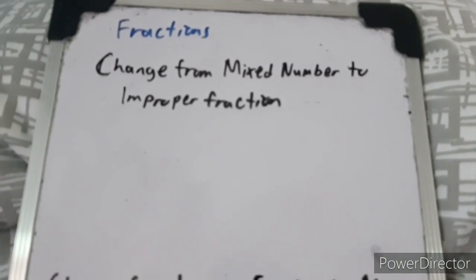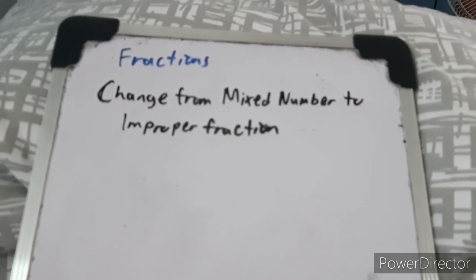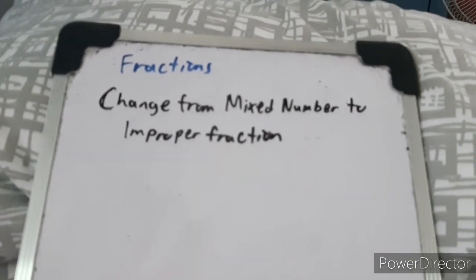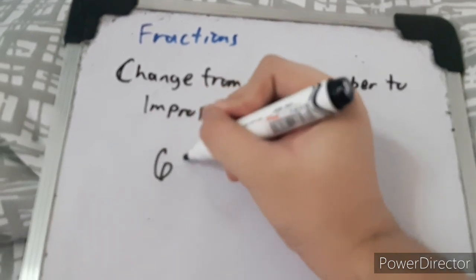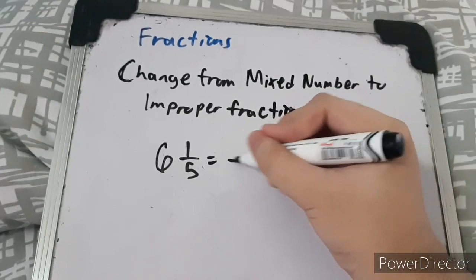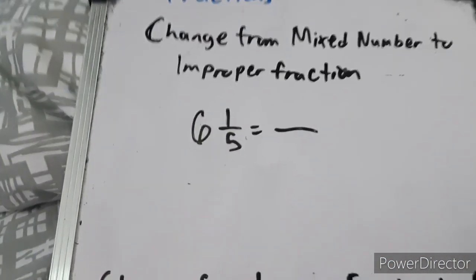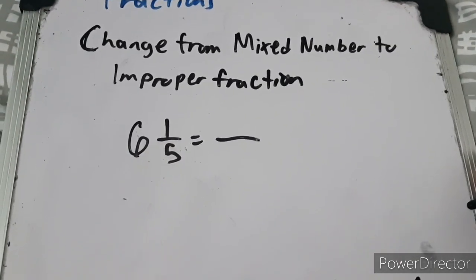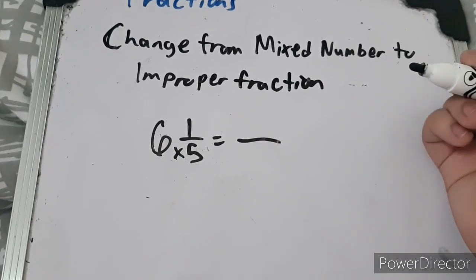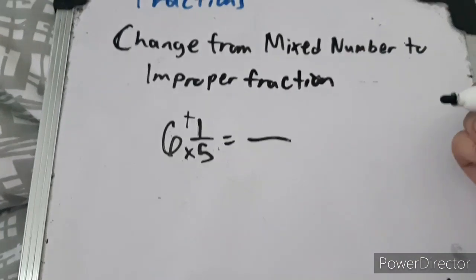So, ito po yung gagawin. Change from mixed number to improper fraction. So, ang unang example, kunwari, is 6 and 1 over 5, or 6 and 1/5. So, ang gagawin mo dyan is multiply the whole number and the denominator, and then after that add the numerator.